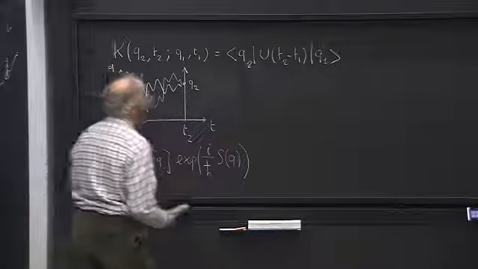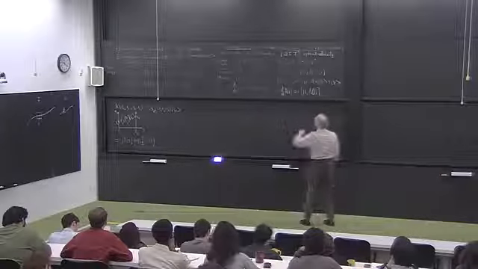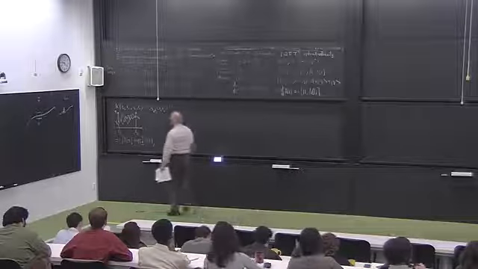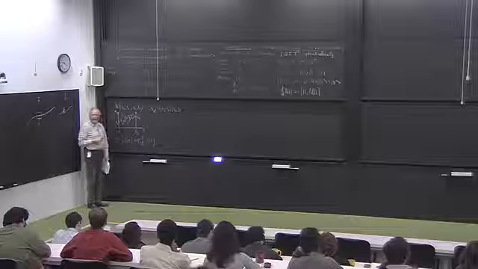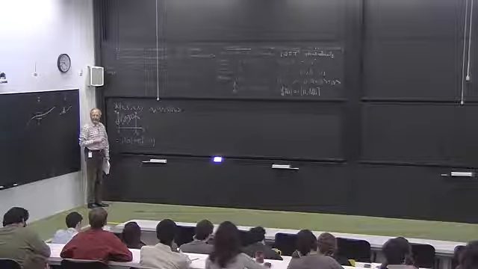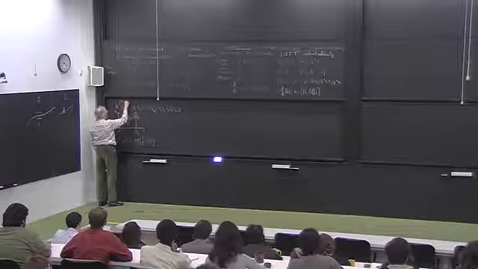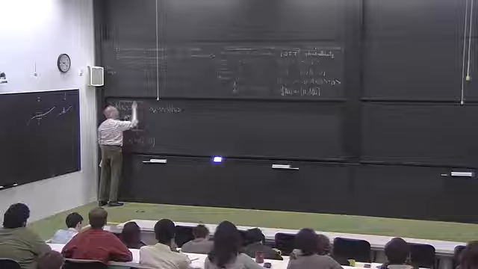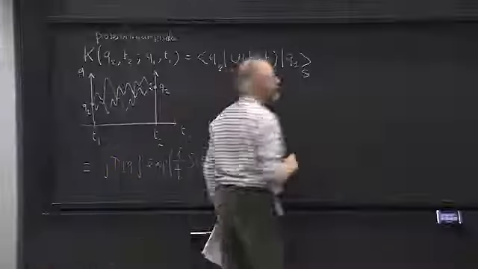Now, using this definition of the states in the Schrödinger picture and the Heisenberg picture, this is the way we write this probability amplitude. It's a complex number that describes the physics. This is in the Schrödinger picture.